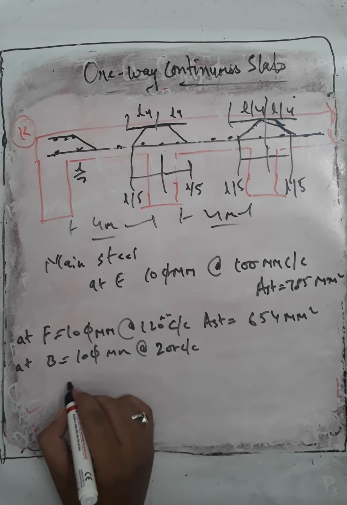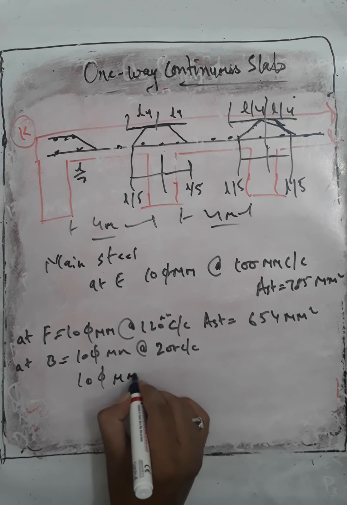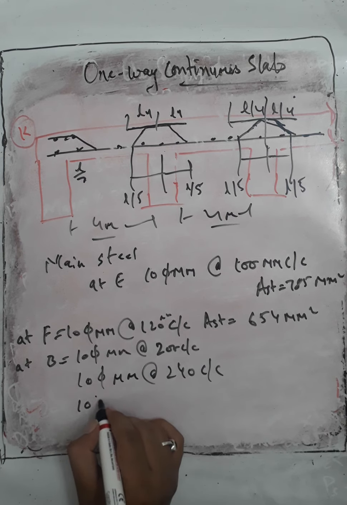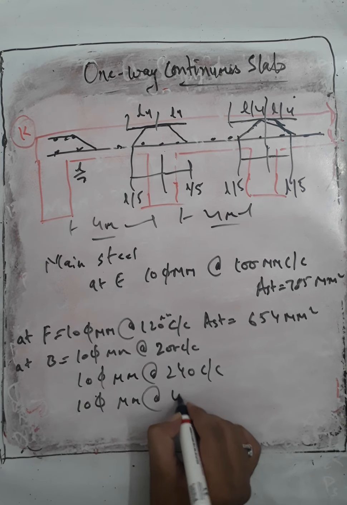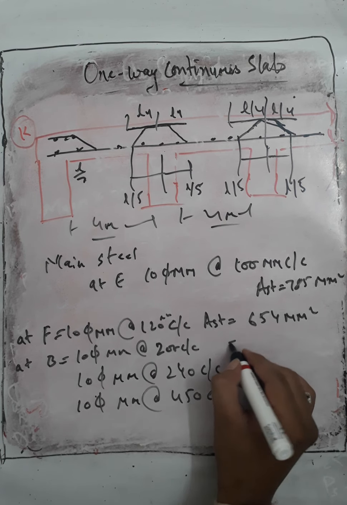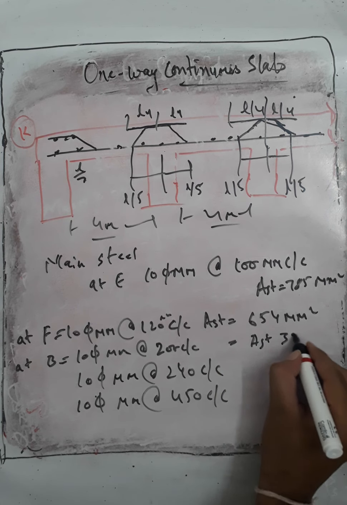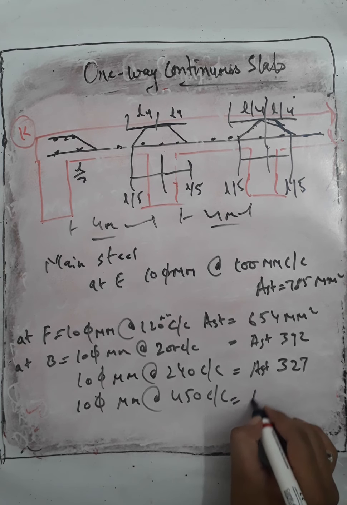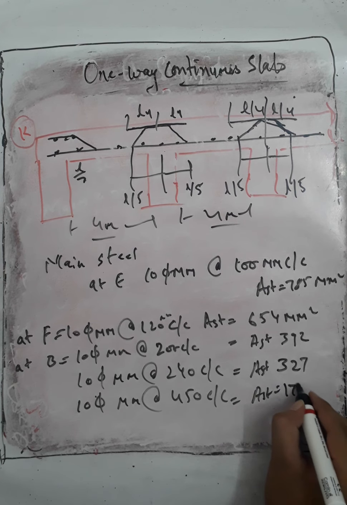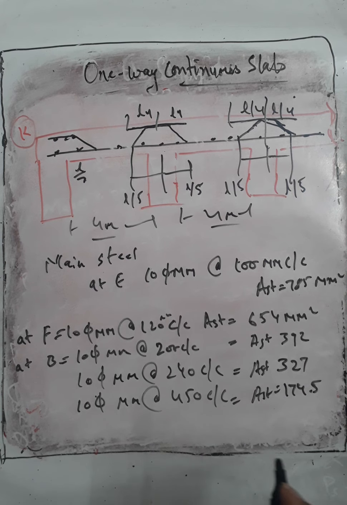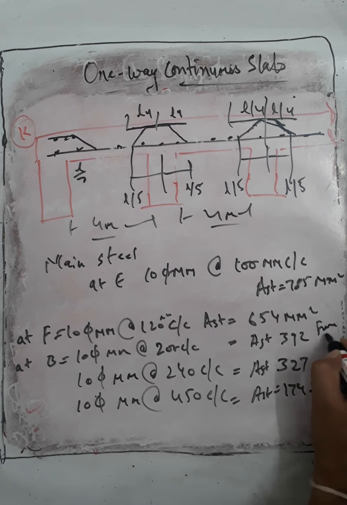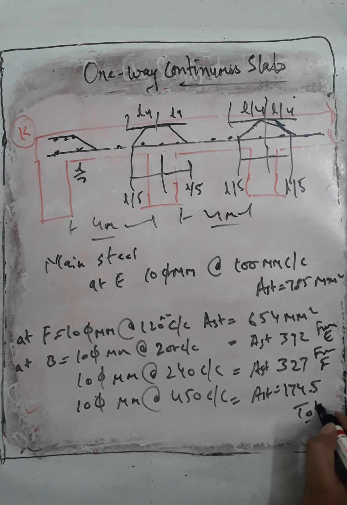So first we have provided 200 mm, second we provided 240 center to center, and last one we provided at 450 center to center. This is for AST 392, this is for AST 327, and this is for AST 174.5, okay, at B, because this comes from E, this comes from F, and this is provided at top.